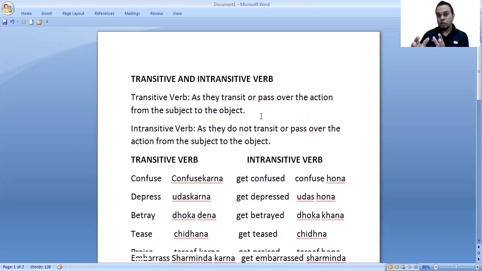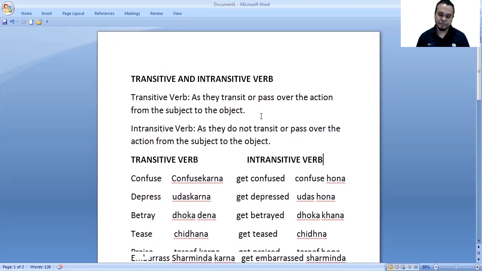If there will be no object, the transitive verb cannot execute the action. Therefore, the definition says they transit or pass over the action, means the action travels from the subject to the object.